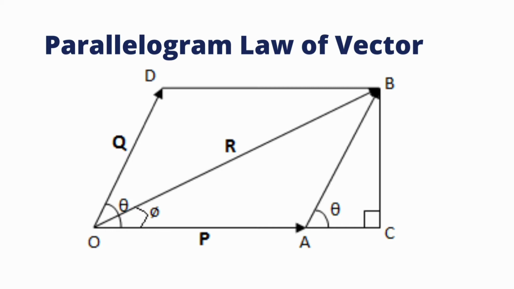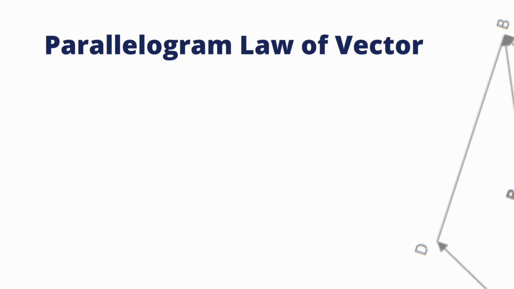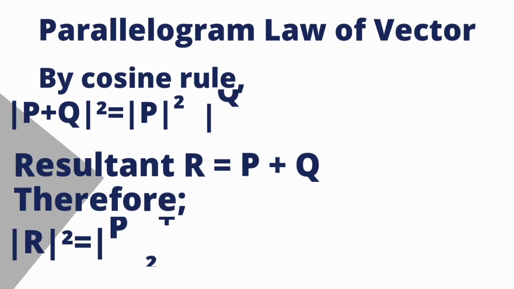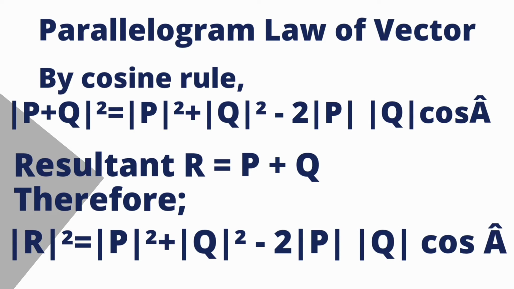Now, resultant is a vector sum of two or more vectors, and in this case, the sum of the two vectors is P and Q. Let's consider this formula. This formula is gotten from a rule called cosine rule. And this formula can be used to calculate the resultant of two vectors.